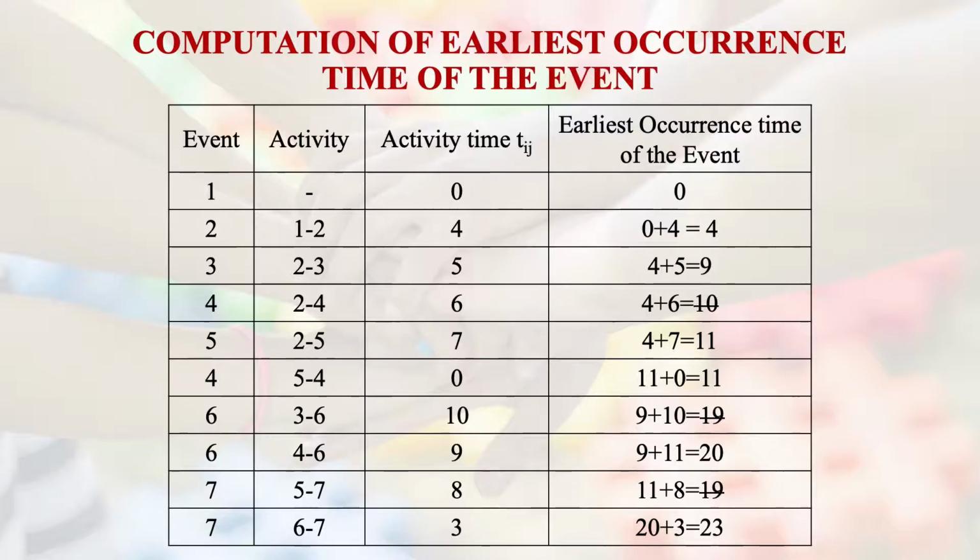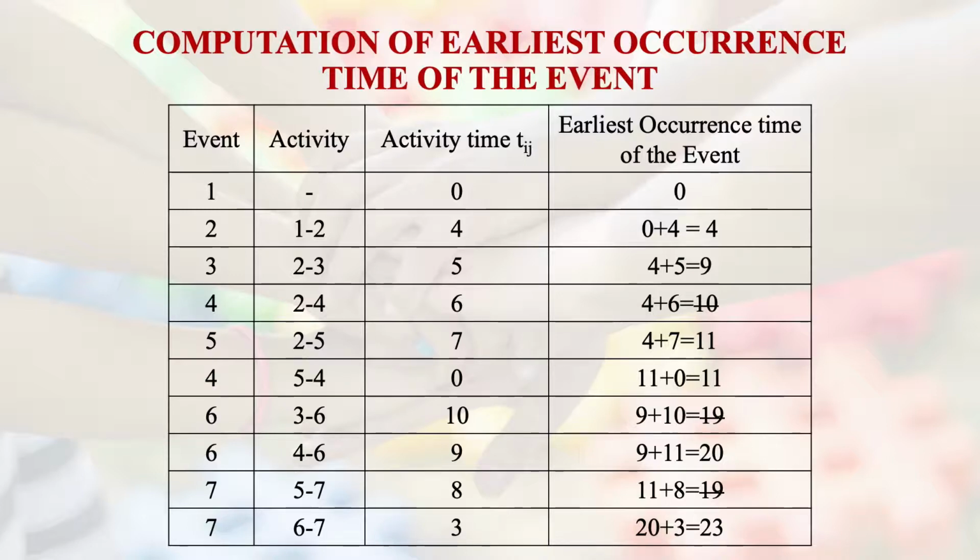Now moving from 2 to 3, 4 plus 5 equals 9. Now 2 to 4, there are two paths, right? There is one path from 2 to 4, and 2 to 5 and 5 to 4. Looking at 2 to 4, 6 plus 4, so we get 10, and you can see the 10 has been struck off. Why? Because it is less than the other path, which is from 2 to 5.